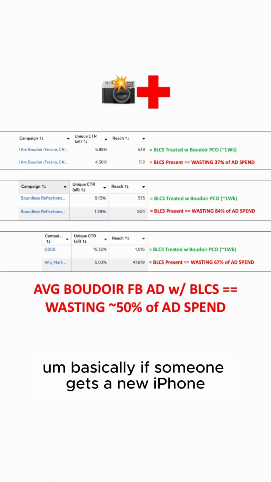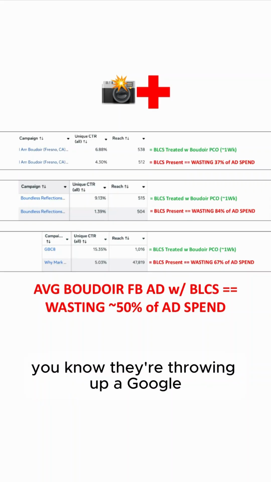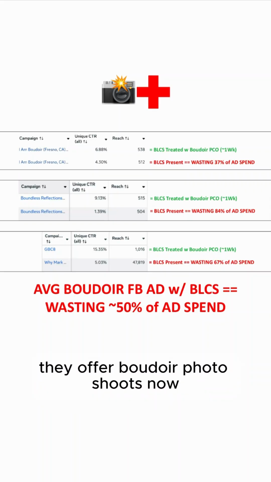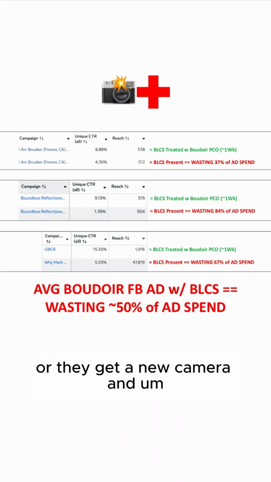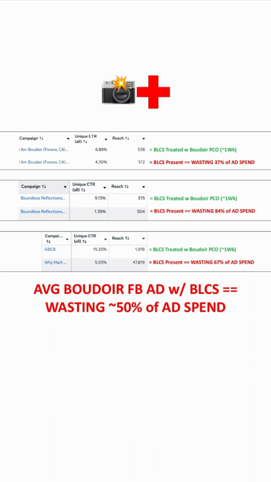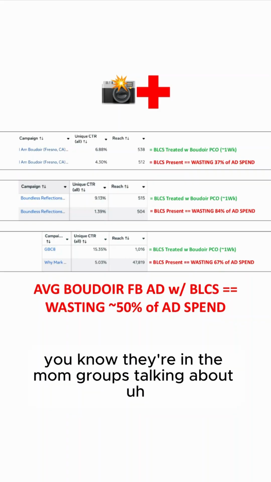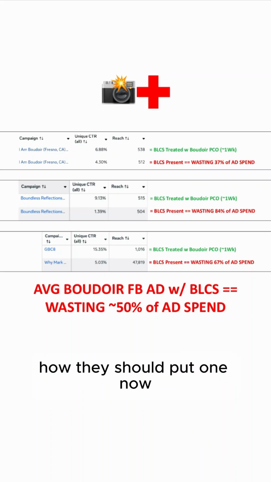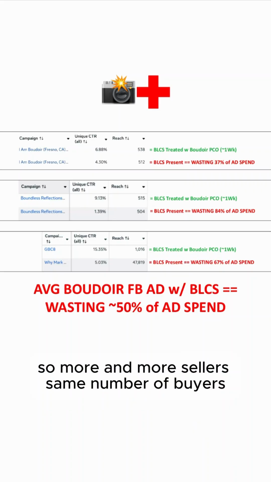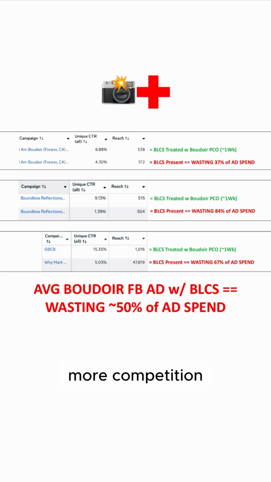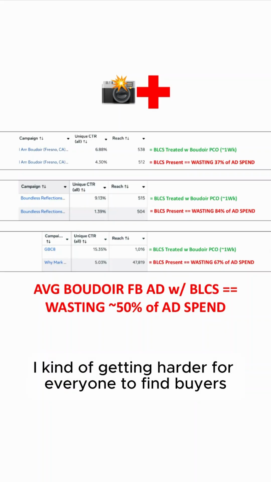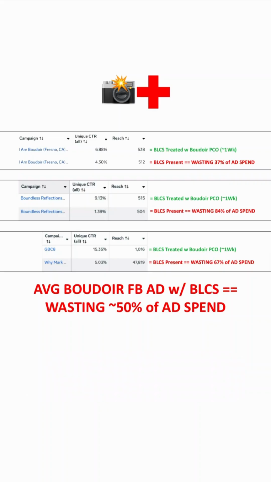Basically, if someone gets a new iPhone, they're throwing up a Google My Business profile saying they offer boudoir photo shoots now, or they get a new camera, and they're in the mom groups talking about how they shoot boudoir now. So more and more sellers, same number of buyers, more competition, getting harder for everyone to find buyers.